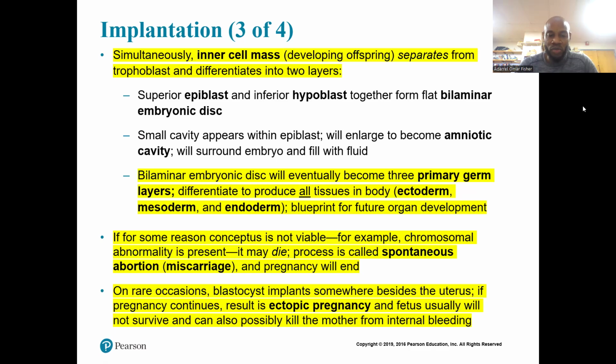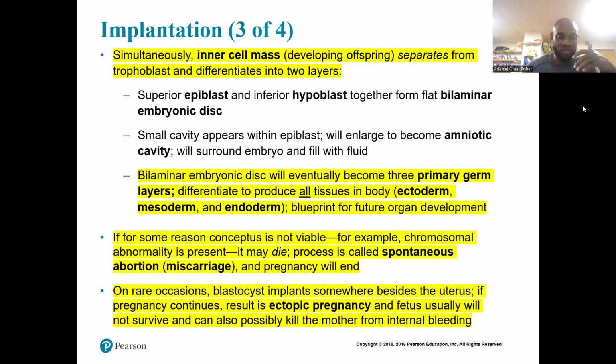There are rare occasions where the blastocyst implants somewhere besides the uterus. It's called an ectopic pregnancy. In that case, the fetus usually will not survive either, and unfortunately that can cause problems, even killing the mother.